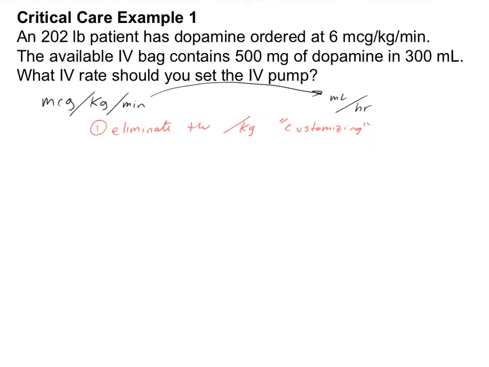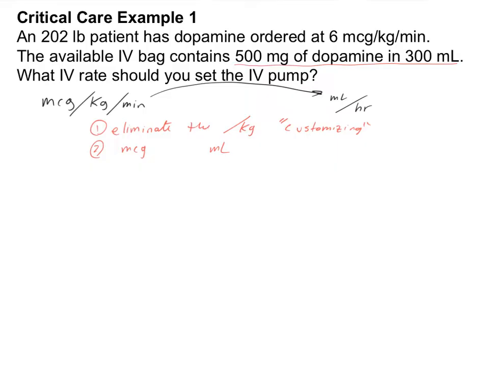But then we're left with a few other things that need to be done still. We need to somehow get from micrograms to milliliters. In previous problems, we were given an amount of mass to administer, so milligrams or micrograms or grams, and it needed to be administered via an IV. We did this by looking at what was available to us. If we look at the IV bag up above, we see we have milligrams to milliliters.